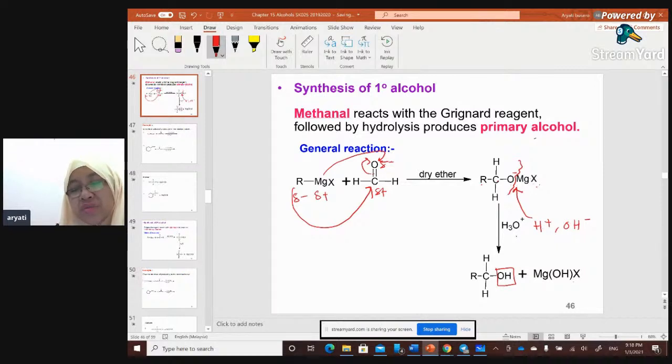Okay, OH is attached to this carbon, which is attached to one alkyl group. So this carbon is a primary carbon. So OH is attached to a primary carbon. So this is a primary alcohol. So this is when the Grignard reagent reacts with HCHO, methanal.